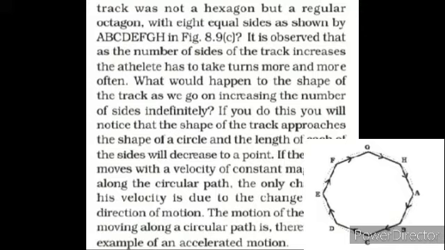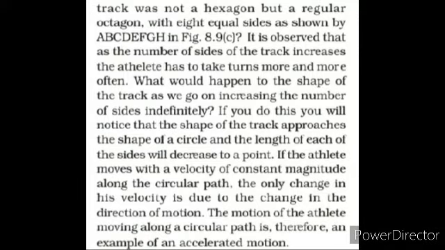It is observed that as the number of sides of the track increases, the athlete has to take the turns more and more often. Fine. Now what would happen to the shape of the track as we go on increasing the number of sides indefinitely?